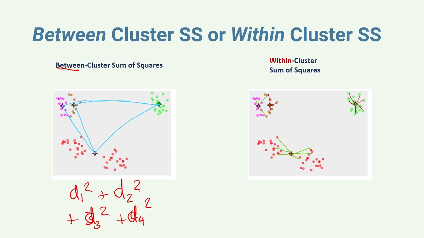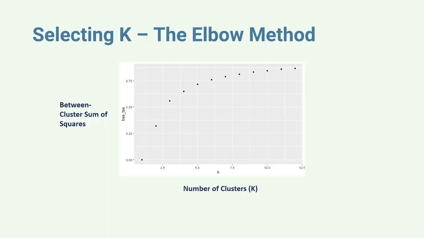Actually, there are 5 distances because there are 5 blue lines. Conversely, the within cluster sum of squares is the sum of all of the points' distances to their cluster centers squared. So you have to add up all of these distances, like all the pink points to their cluster centers, all the red points to their cluster centers, etc., squared. This is useful when you have to select k.